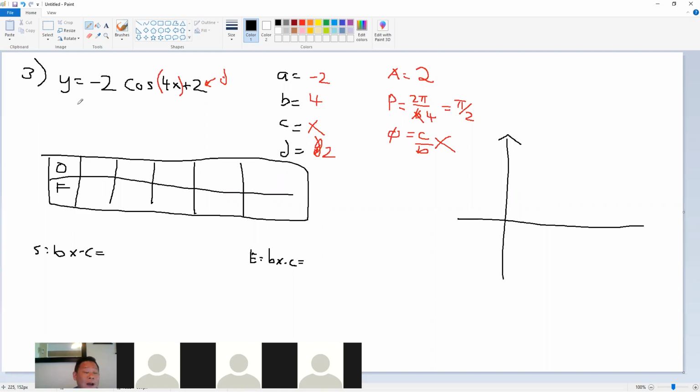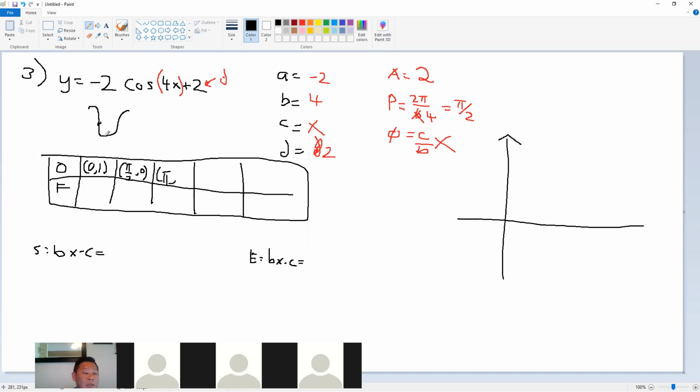What's the first point for cosine? It's 0, 1. Up here. What's the next one? Pi over 2, 0.